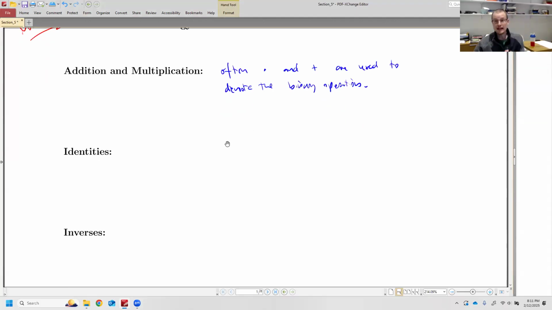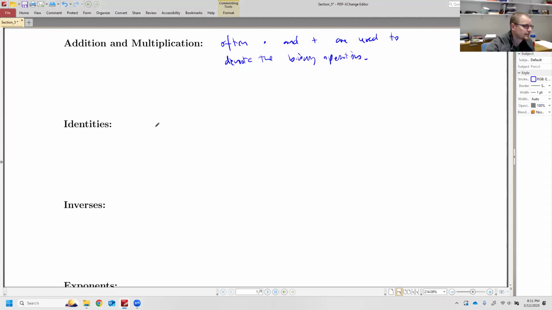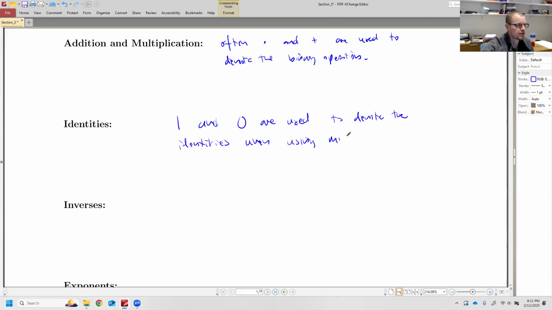All right. So if that's the case, then 1 and 0 are used to denote the identities when using multiplication and addition as the operations.